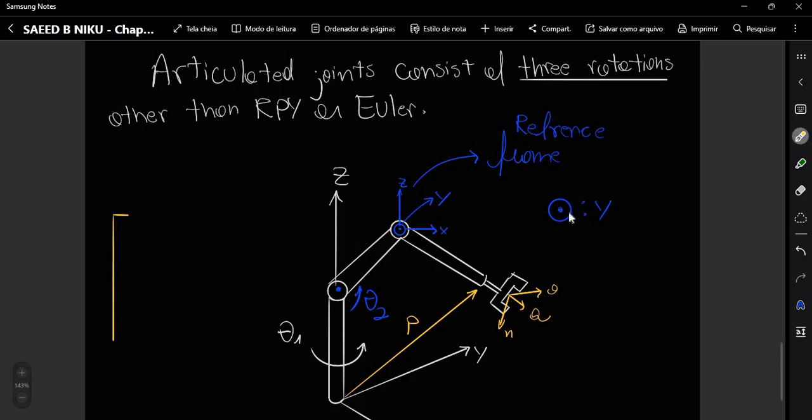The initial position and orientation in which these frames are located in space, we can represent with coordinates using a matrix. So the elements of the matrix are coordinates.